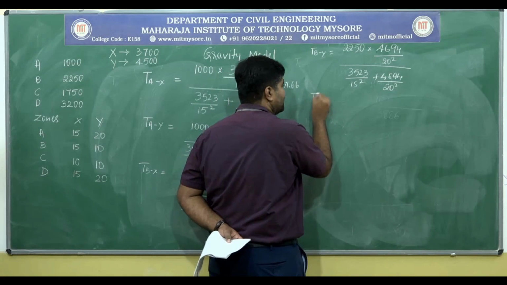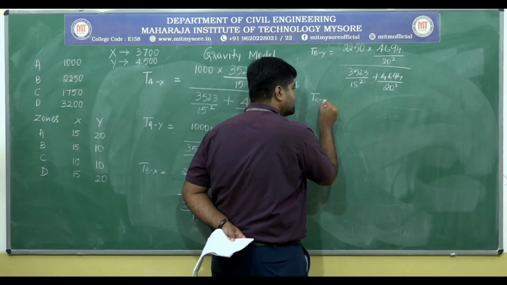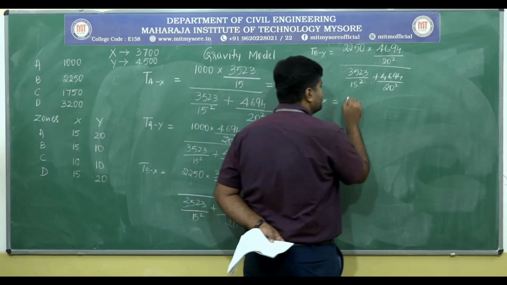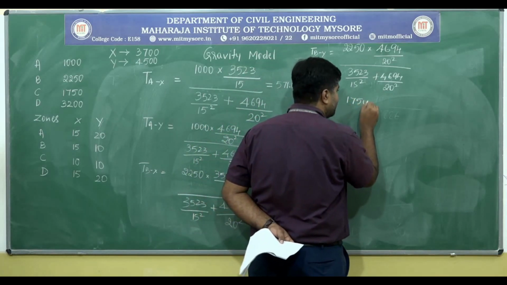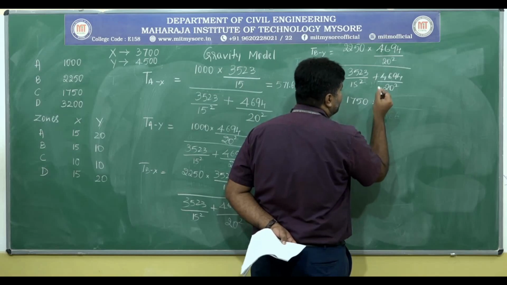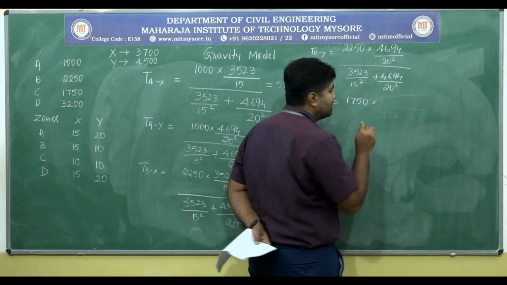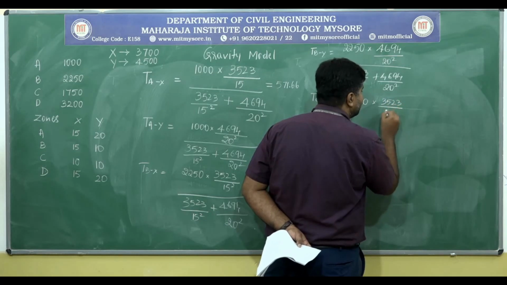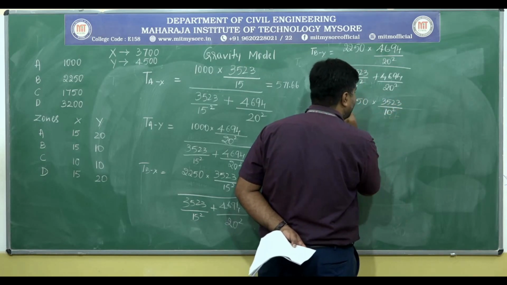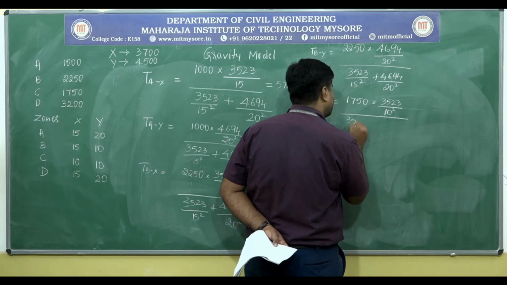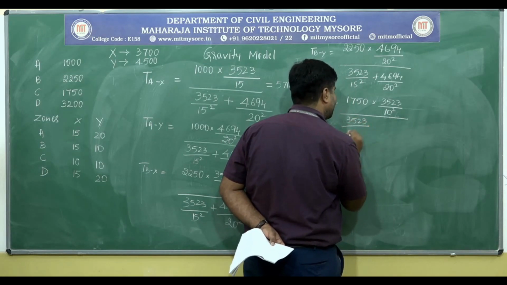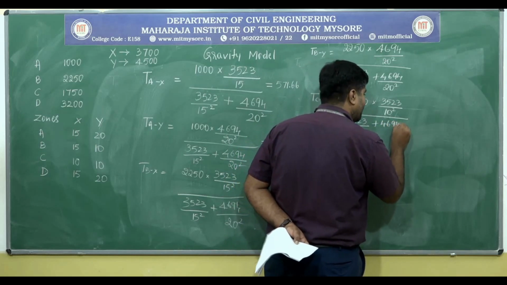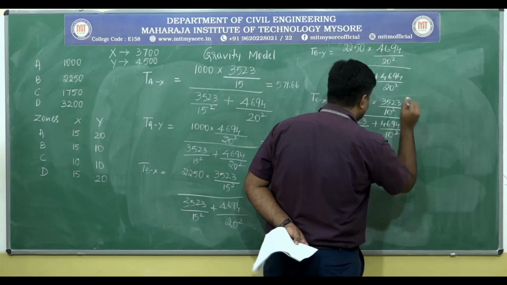Similarly, next T C to X. We know the trips generated in C is 1750, into attracting towards X, that is 3523. Time taken is 10, 10 squared, divided by 3523 divided by 10 squared plus 4694 divided by 10 squared.